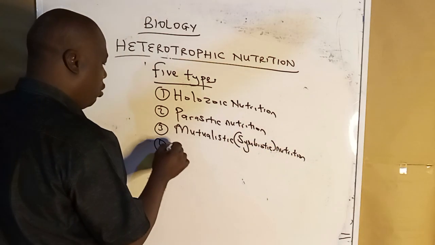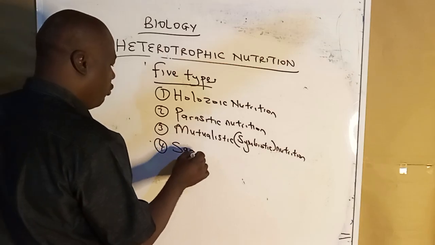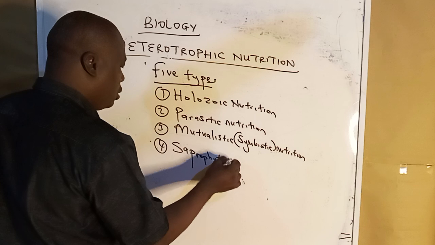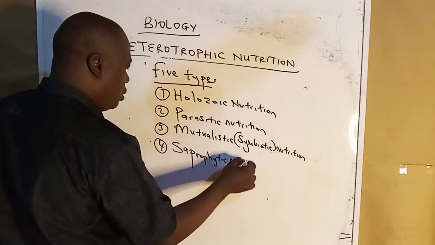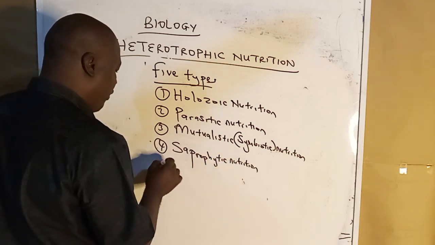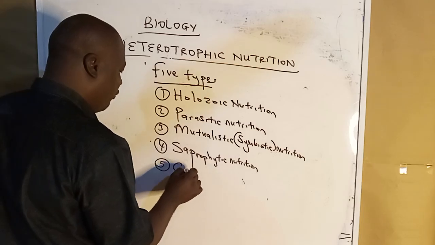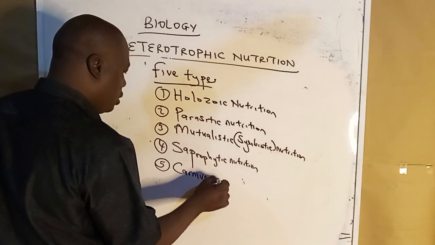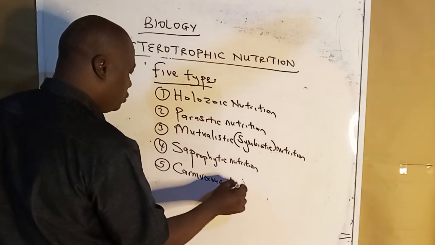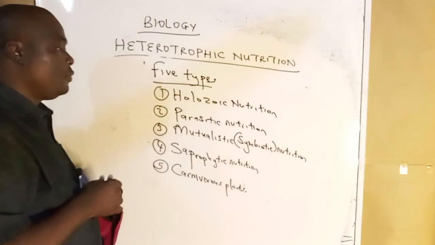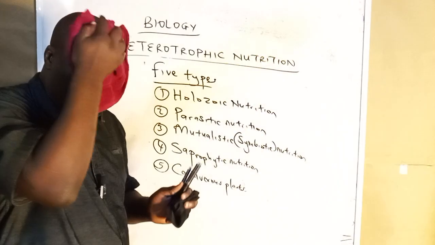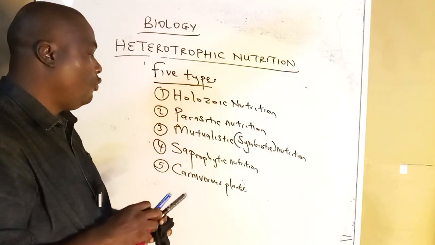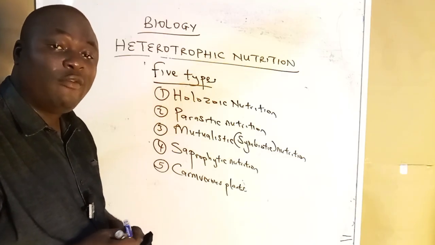Number 4, saprophytic nutrition. And number 5, carnivorous plants. I'll explain what carnivorous plants means for you. So we have holozoic nutrition, parasitic nutrition, mutualistic symbiotic nutrition, saprophytic nutrition, and carnivorous plants.